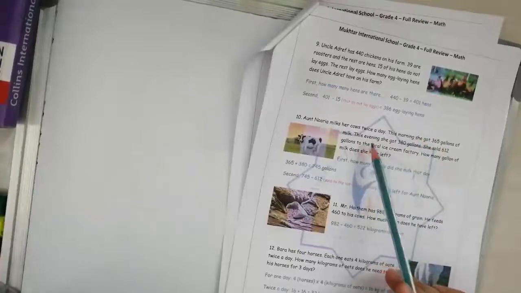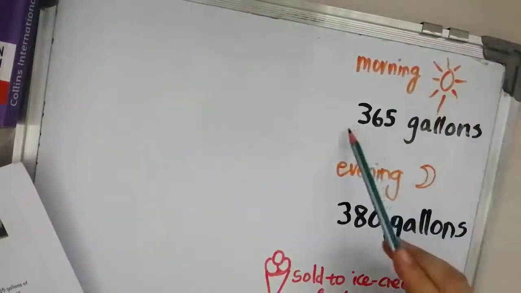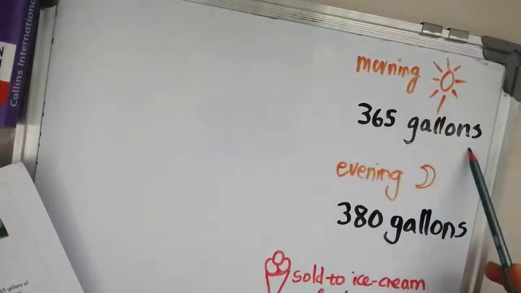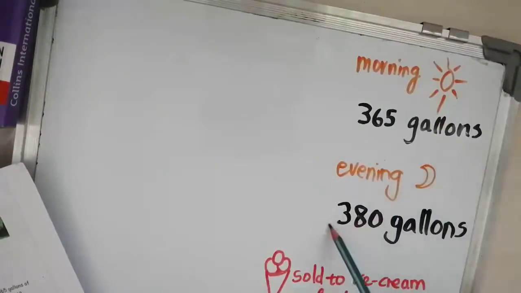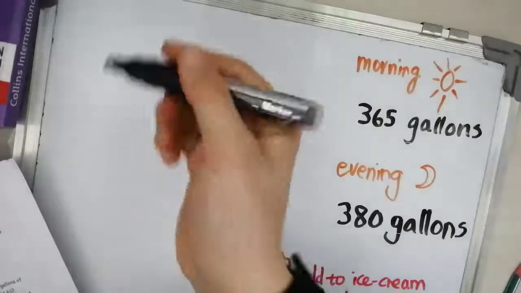All right, for this question, as you can see, Aunt Nuria milks her cows twice a day. So first, I need to know the number of gallons she milked that day, right? So I'm going first to add the number of gallons she milked in the morning, which is 365, to the number of gallons she milked in the evening. That is first to know how many gallons she milked that day.